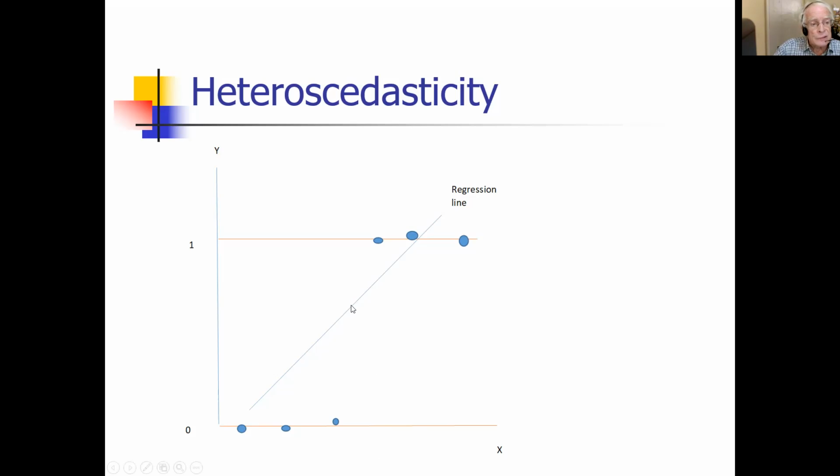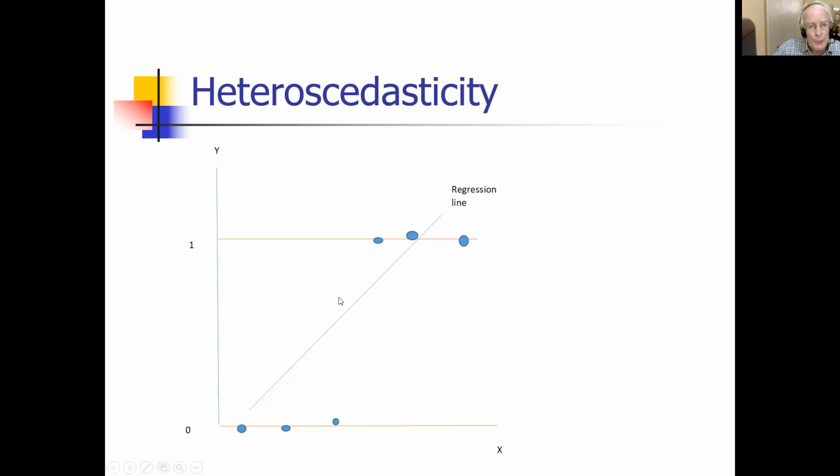Now, consider a medium value of x right here. Now, this is our prediction for y, but remember that y in reality is either 1 or 0. So in this case, we have large errors, large differences between the actual and the predicted values.